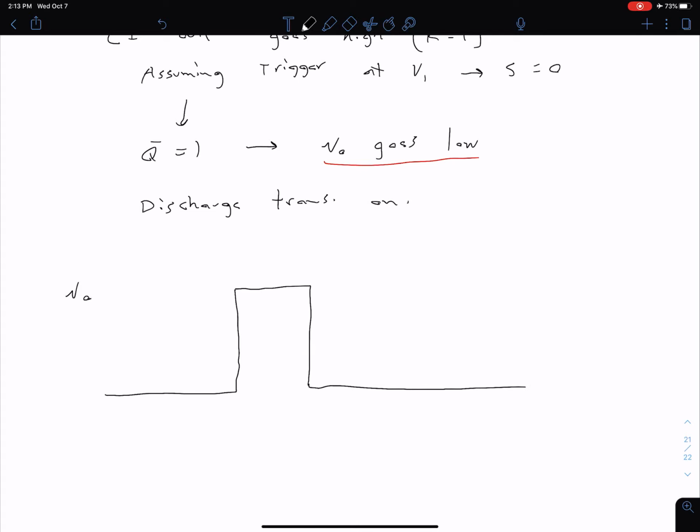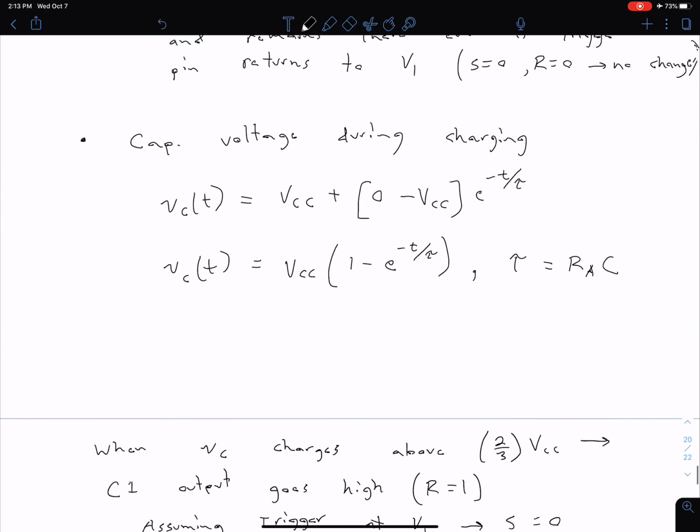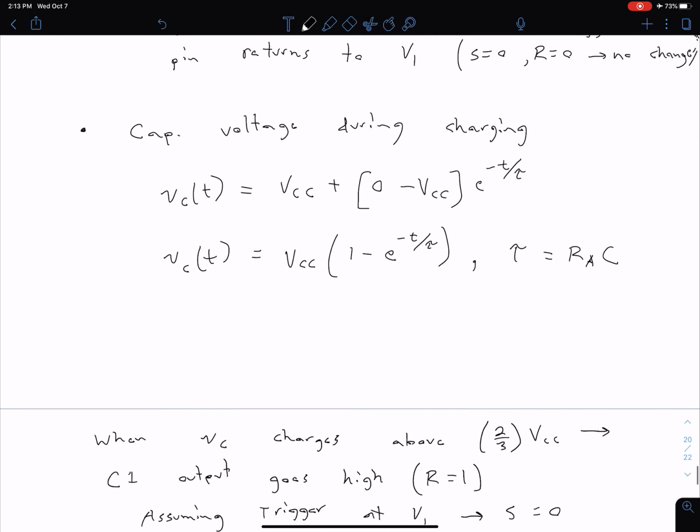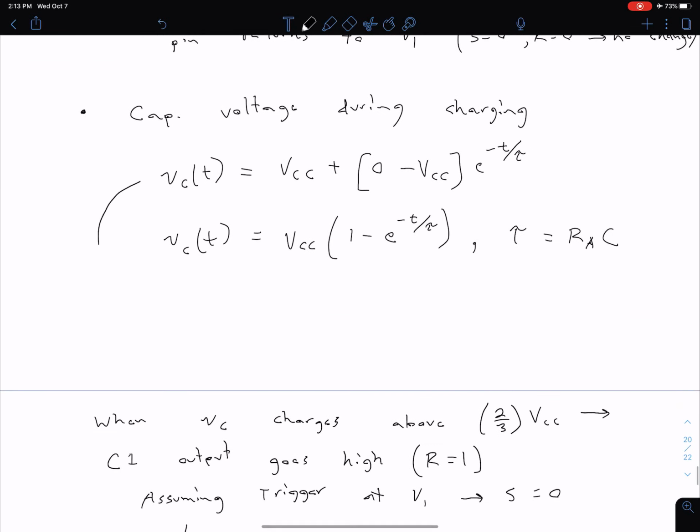So the next thing we want to define then is what is this time T of this pulse. We can find this using our capacitor charging equation. We're going to say that our time is going to be the time capital T of that pulse, because we know that that pulse is going to go away when our VC is equal to 2/3 of VCC.